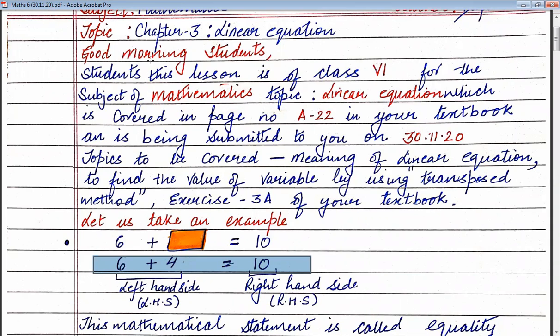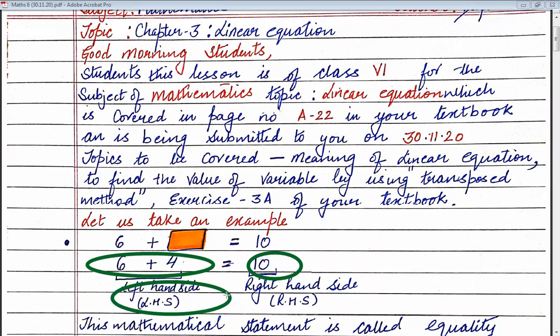Whatever is written before equal to, that is 6 plus 4, is called left hand side, that is LHS. And whatever is written after equal to, that is 10, is known as right hand side, that is RHS.